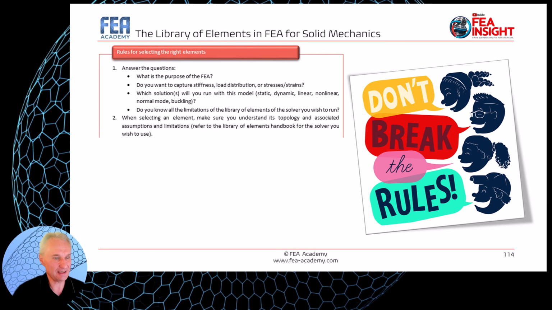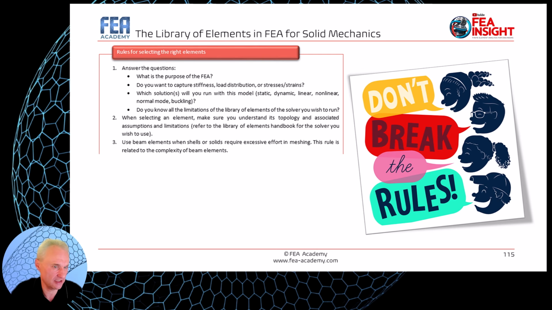When selecting an element, make sure you understand its topology and the associated assumptions and limitations. Use beam elements when shells or solids require excessive effort in meshing. This rule is related to the complexity of the beam elements, which is a very versatile element with 6 degrees of freedom at each node, 3 translations and 3 rotations.